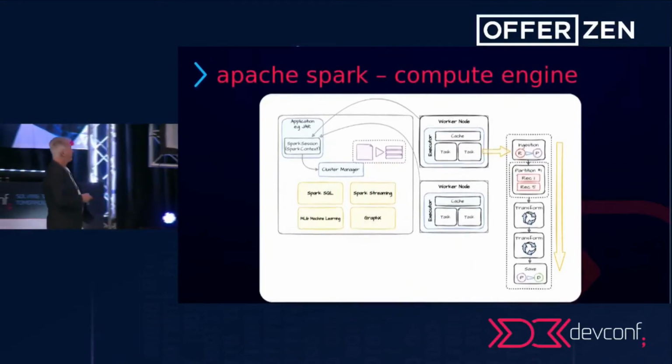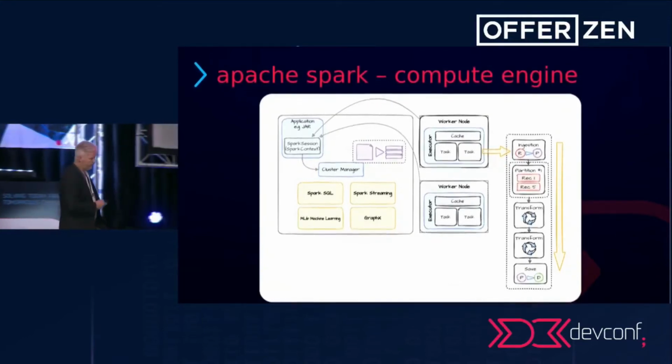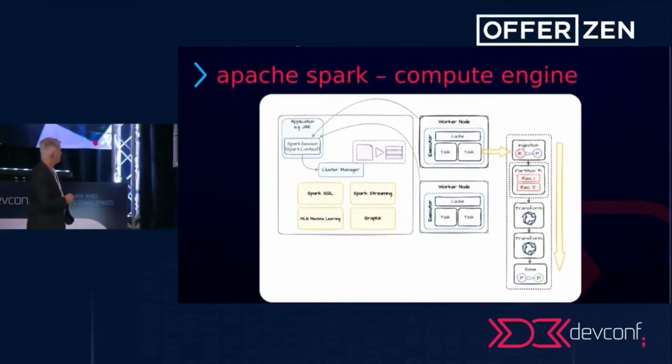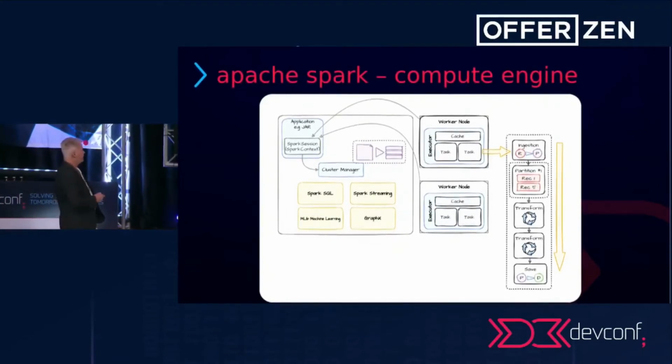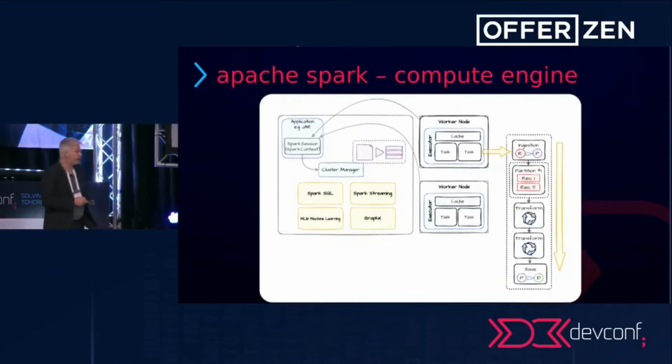It basically runs workloads in parallel on a number of different worker nodes. The key concept I'm going to show you is that we're going to run a little jar application. Normally you write these things in Scala, but there's some Java here just to get started. We start up a Spark session, which goes off to a cluster manager. The cluster manager will break the tasks into a series of parallel tasks, which will run on a series of different worker nodes that have their own little memory cache.